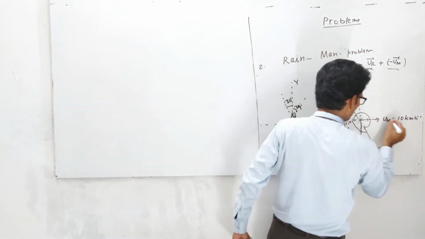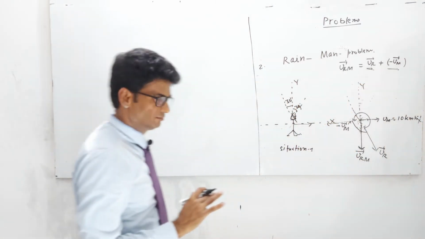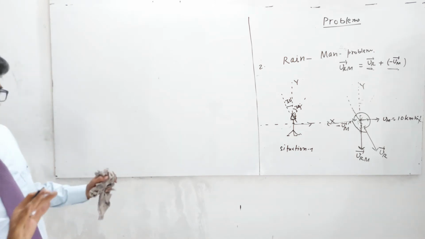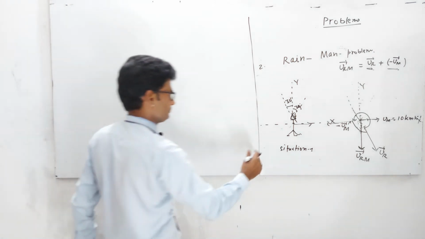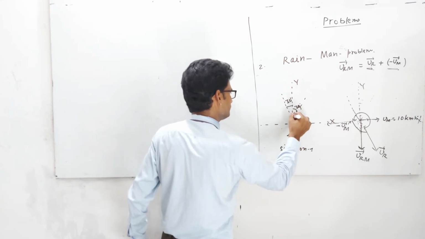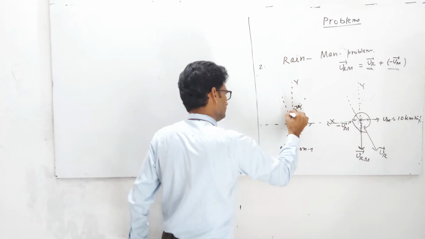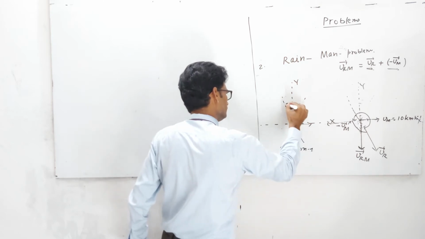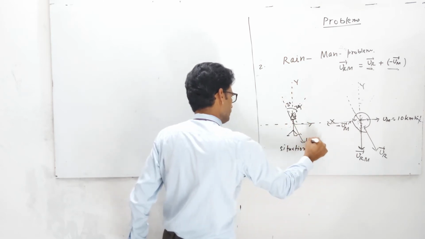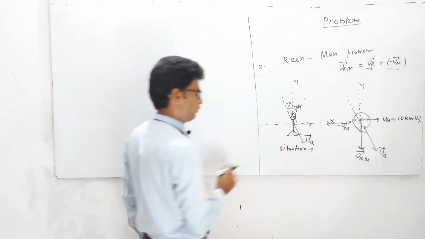So again this is taken as the x-axis and this is taken as the y-axis as usual. No cumbersome at all. Look at here. This is the actual velocity of the rain because the man was standing, not moving.